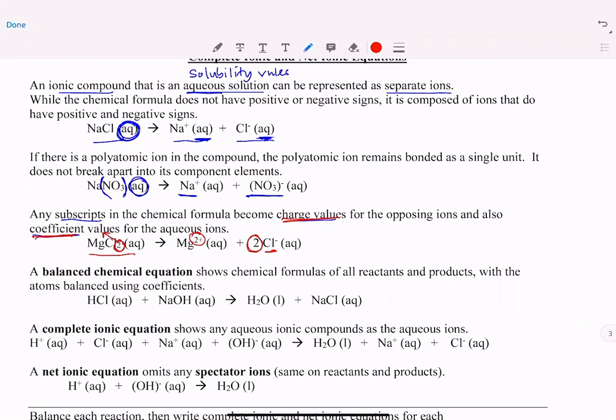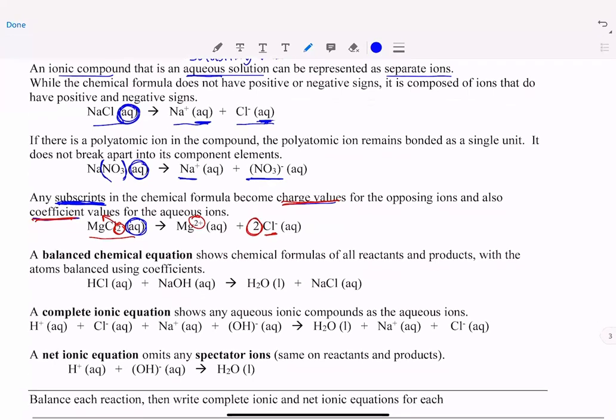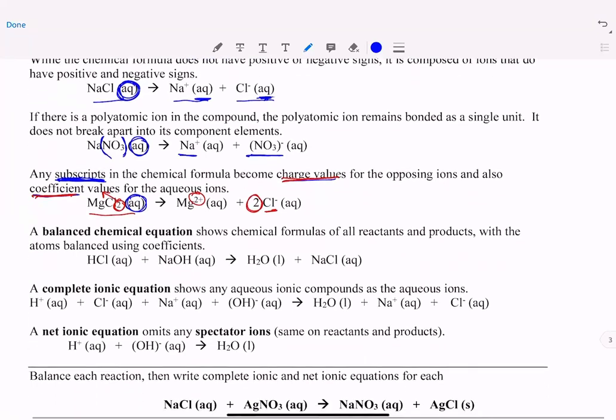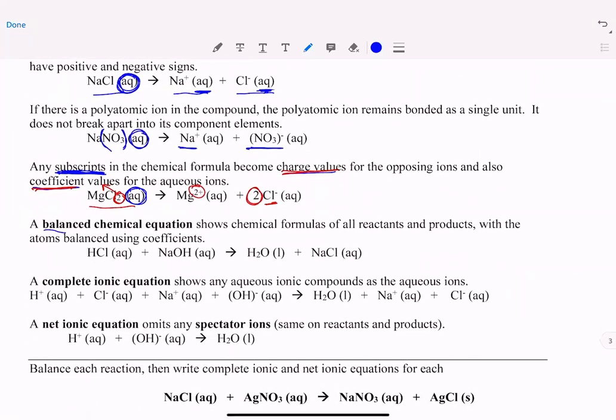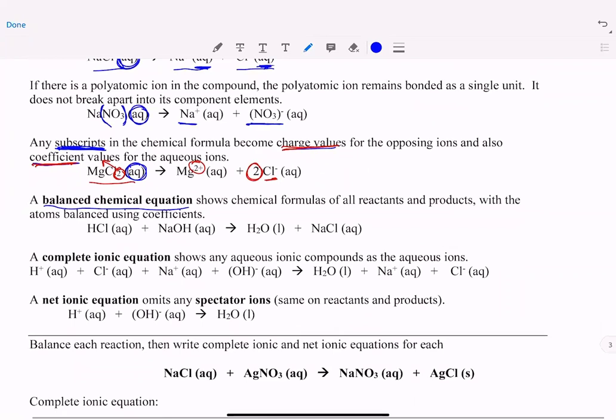But what you need for this is that when you have an aqueous solution, anytime you have the AQ physical state, you can break apart the ionic compound into ions. But when you have a subscript, that subscript needs to go 2 places. It becomes a charge value and a coefficient. Okay, and so we're going to be seeing balanced chemical equations are the starting point. The balanced chemical equation gives you chemical formulas, reactant side, product side, and also coefficients.